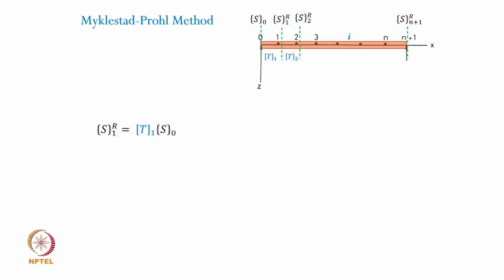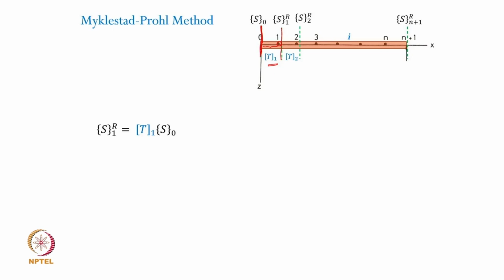because S1 is related to S0. Now here there is nothing like a 0th element, but we take this state vector to be S0, and now what happens is that a massless segment multiplied by the mass, which is T1, relates the state vector just on the right side of the first segment to the S0 state vector.